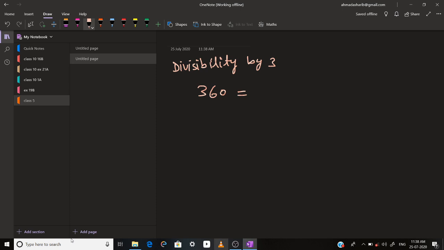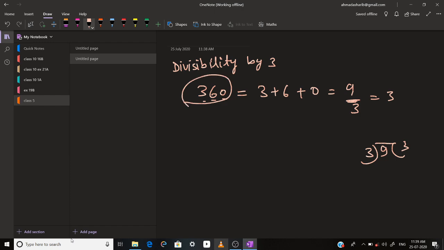So we will add the given digits. 3 plus 6 plus 0 is 9. If you divide 9 by 3, you will get 3. So 9 is divisible by 3, it means this number is also divisible by 3.